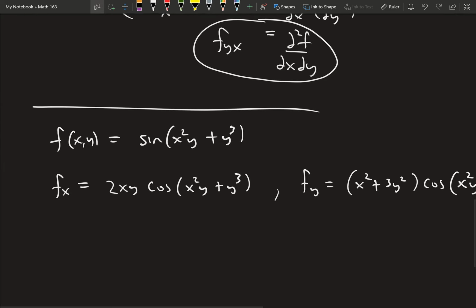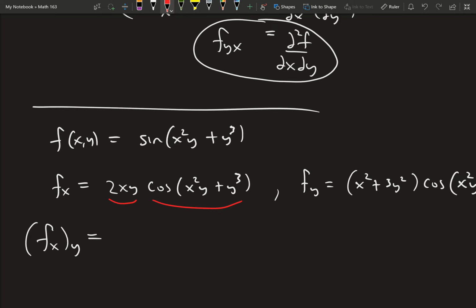Okay, what we're going to first compute now is the partial of f sub x with respect to y. We're going to take that function and take the derivative with respect to y. Well, we have two functions in y. Here's the first function, here's the second function. So we use the product rule.